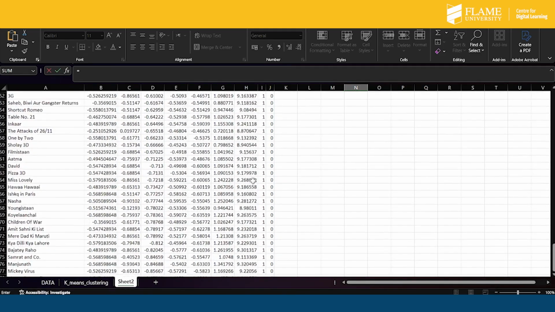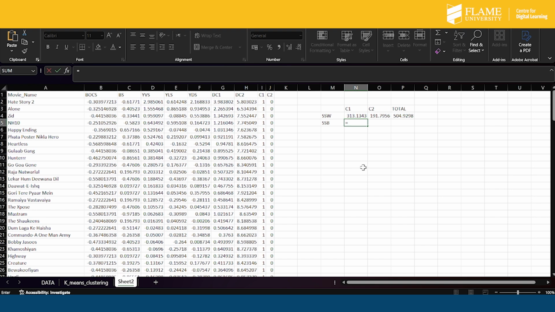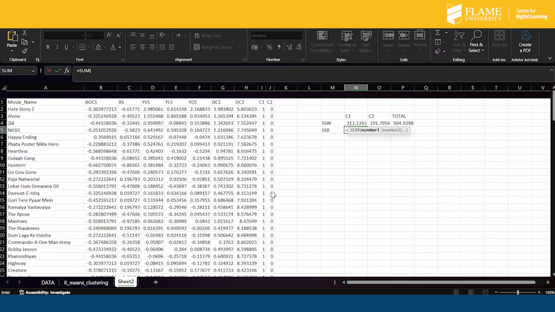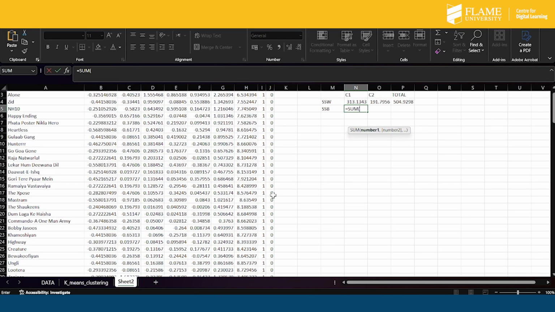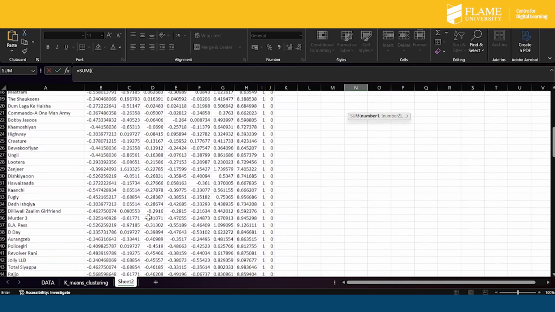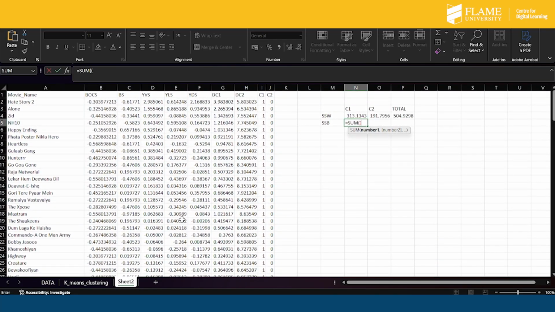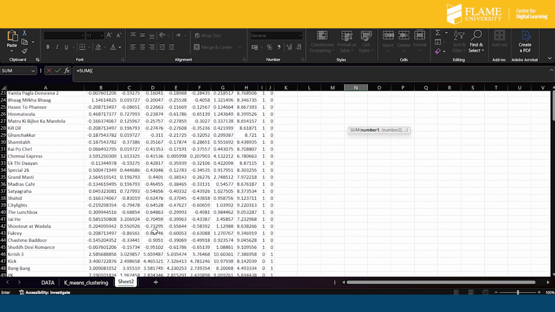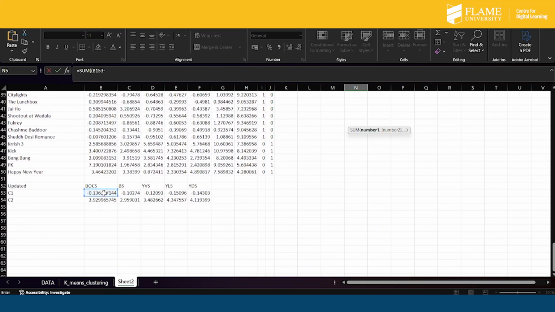So basically sum equal to sum, and this minus this square, or what I can say, I can simply write the formula, so it will give you a better understanding of how I am doing this.